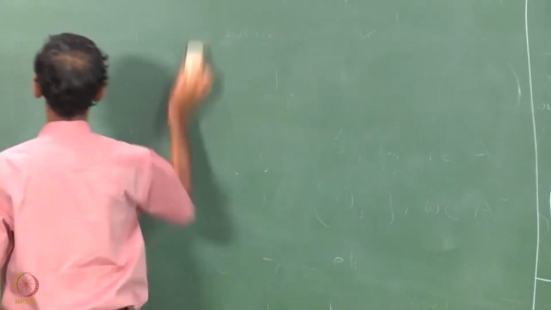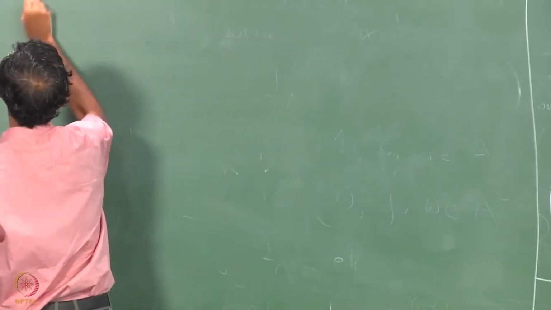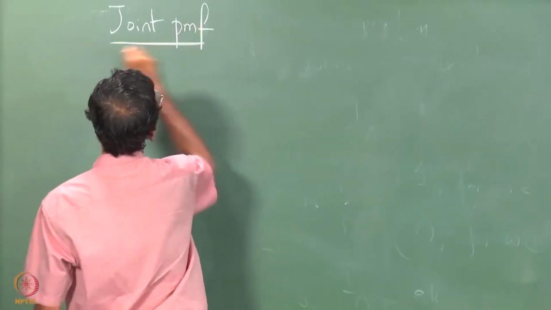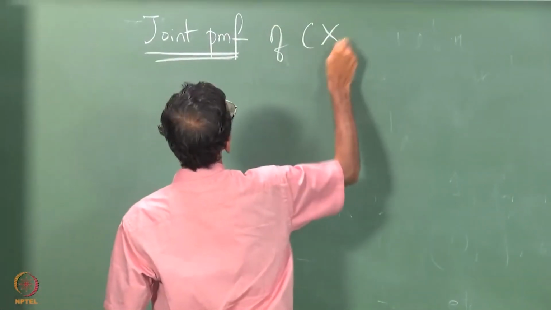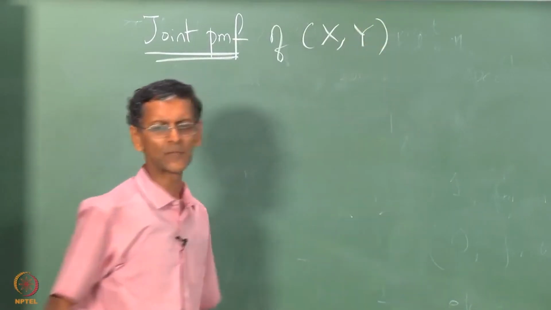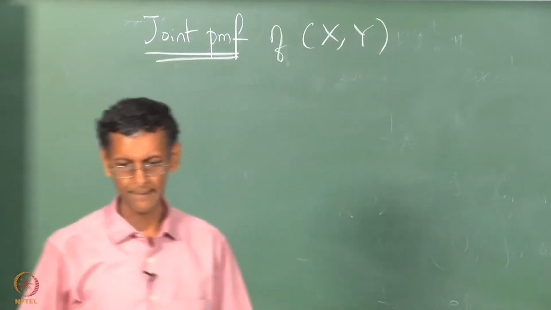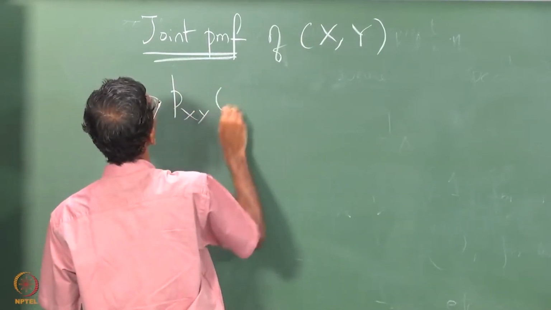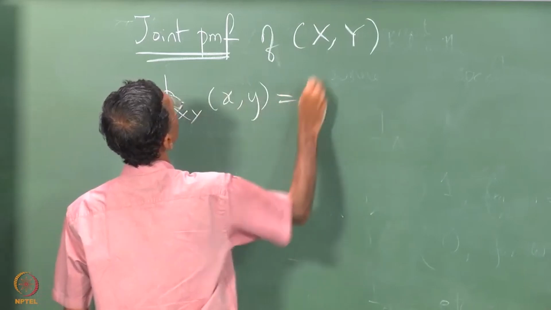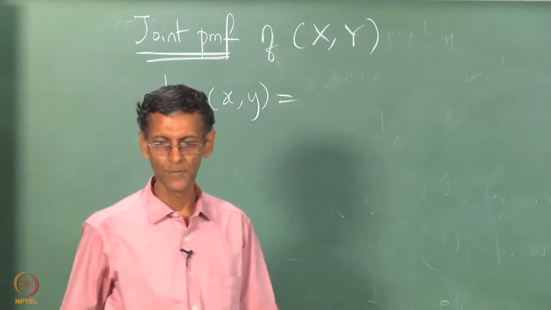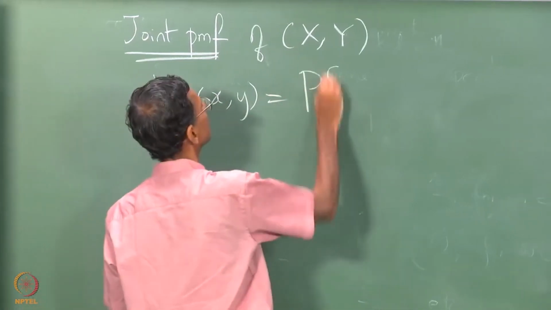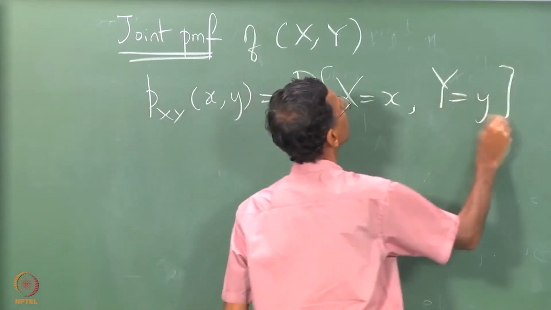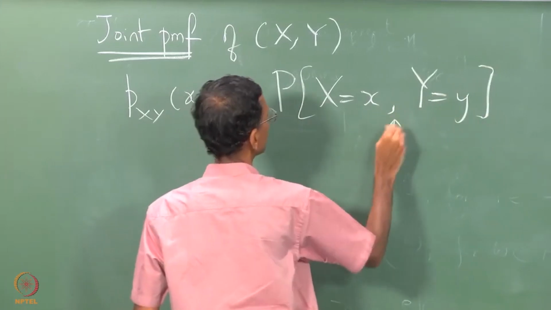And you indicate the two random variables with a comma. This is the probability that x and y, so it is a joint event.